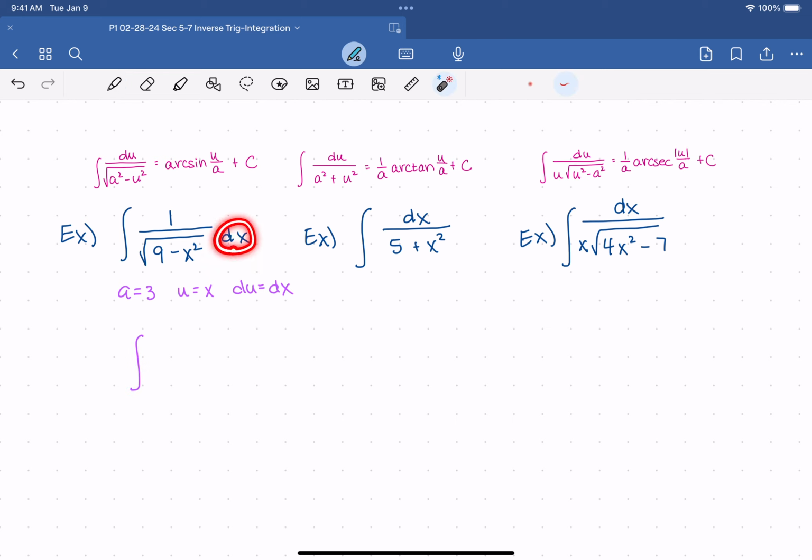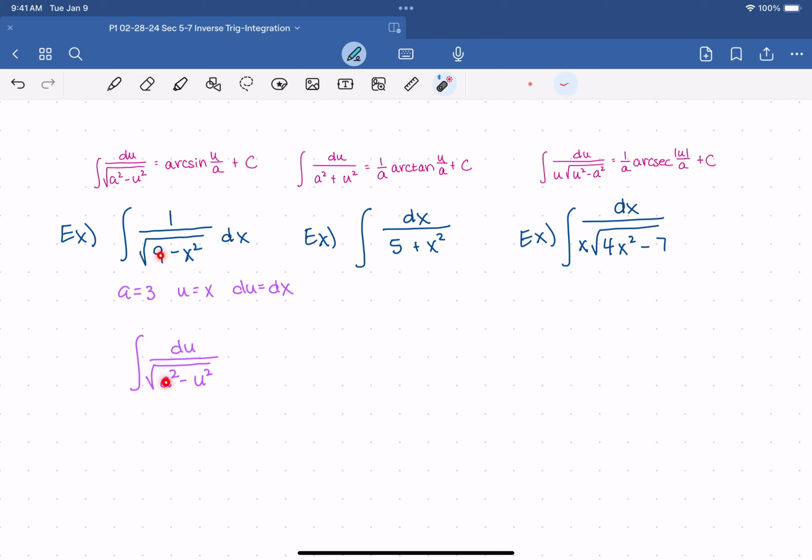So now let's go ahead and replace everything in here. Now I have the dx off to the side, but remember that can get multiplied in the numerator. So 1 times dx is the same thing as 1 times du. So that does put du in the numerator. The 9 can be written as a squared. The x squared can be written as u squared. And then we have the minus and the square root.